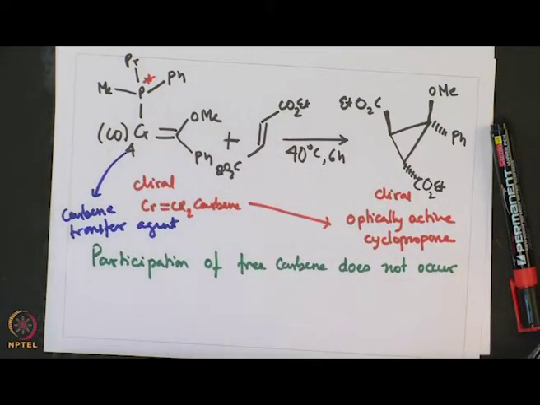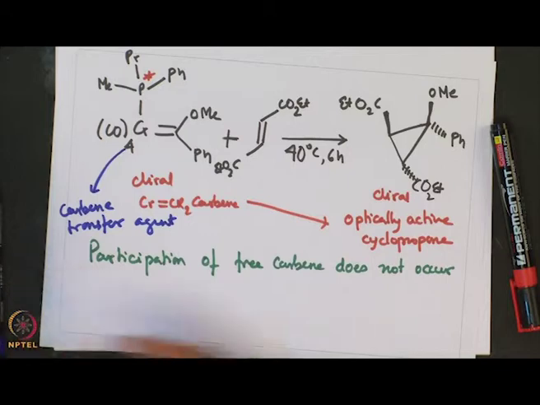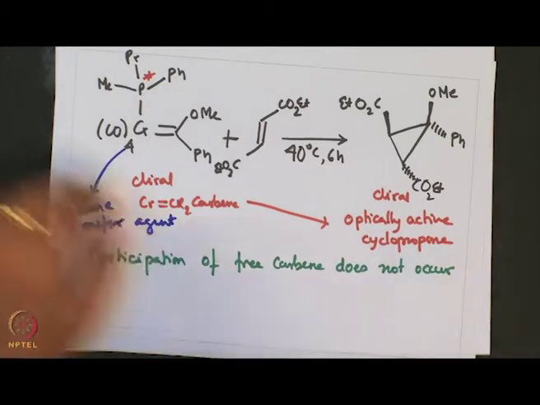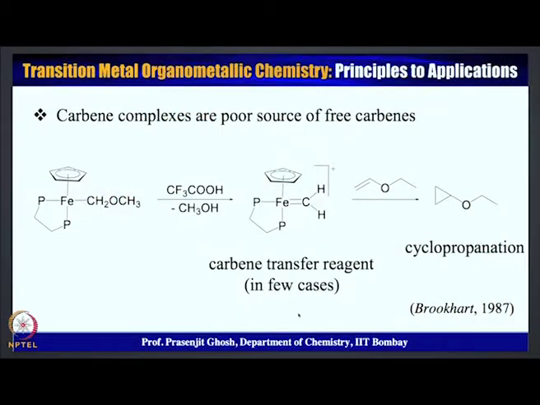So, this also is one of the few rare examples where transition metal carbene complexes have been used for carbene transfer reactions onto substrates. This has been done in an asymmetric fashion to make the cyclopropane ring, as well as in an achiral way, which was discussed for the iron complex. So, there is not only the chirality transfer, but also carbene transfer as carried out by this chromium complex.